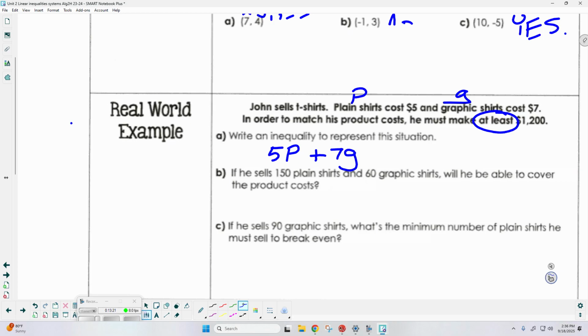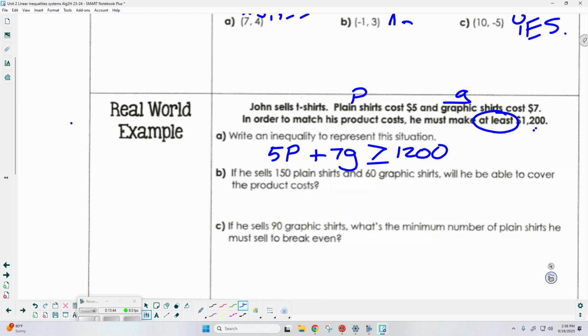So is this referring to a greater than or a less than? Greater than. So at least, this is the minimum that we can get. But here's the thing. Greater than 1,200, what am I missing? We need equality. Because if we do make 1,200 at a bare minimum, we're still good to go. That's why we're going to include it.